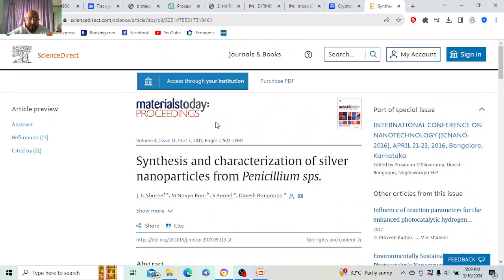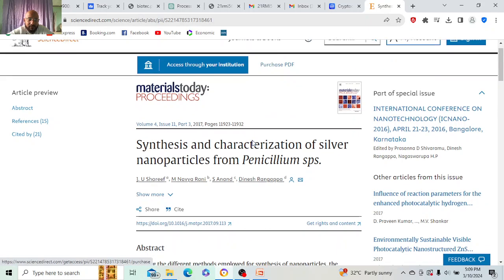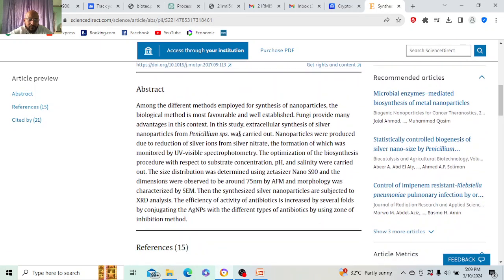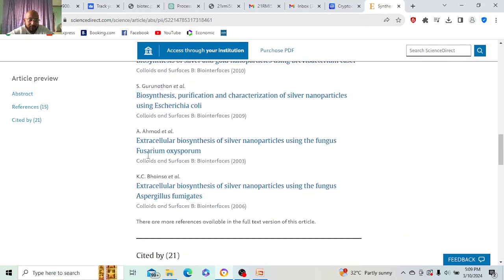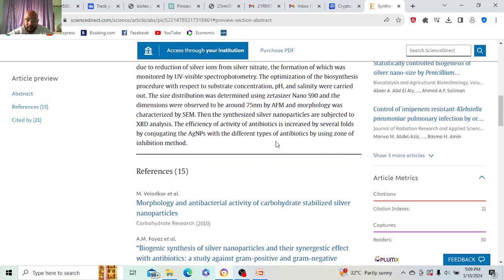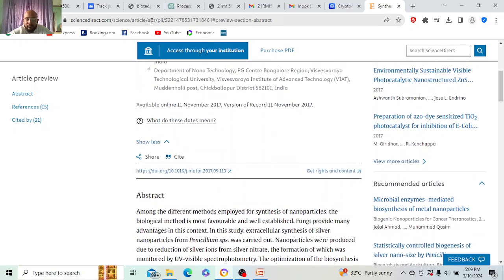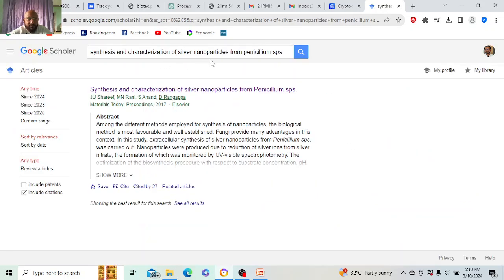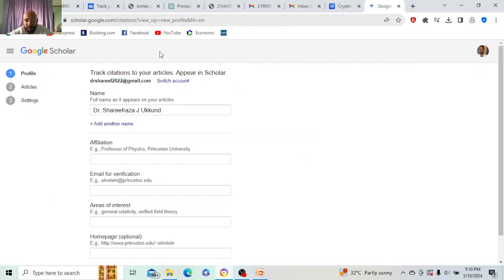Okay, it is abstract. Fine, this is not accessible. I will use some other paper.